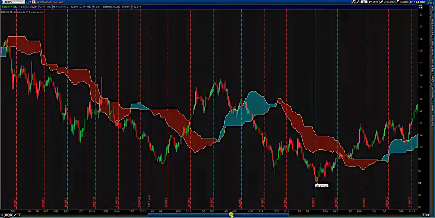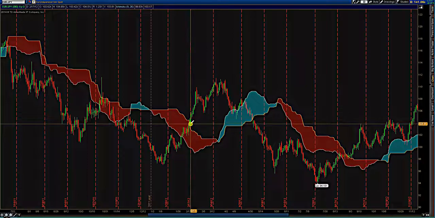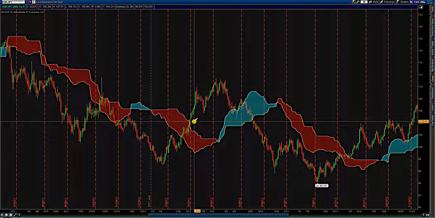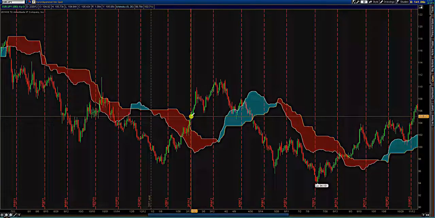So with that being said, when you see the Ichimoku here, what you basically look for is to dictate market sentiment. In this case, if price is trading above the cloud, we are looking at a bullish sentiment, and with that being said, we are looking to go long the pair.